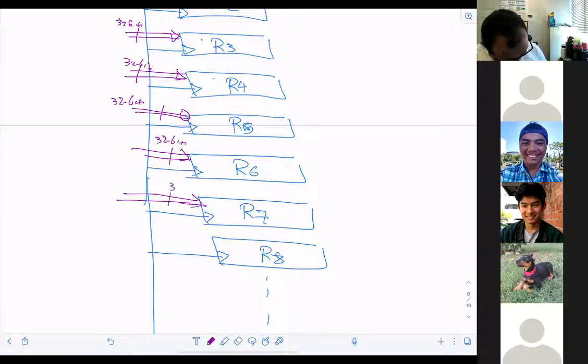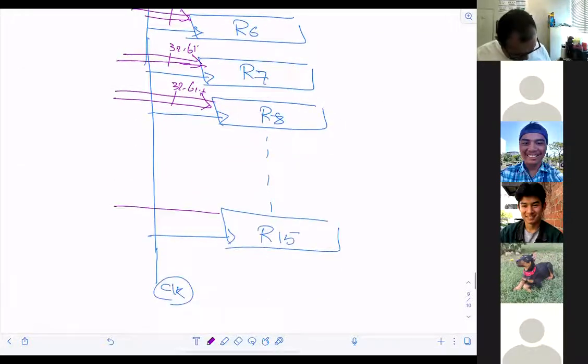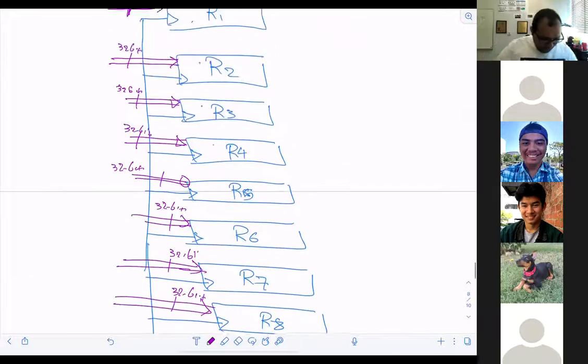So each register can store 32-bit? Yeah, it's a word, right? Everybody agree about that?